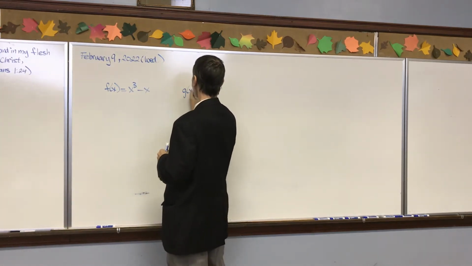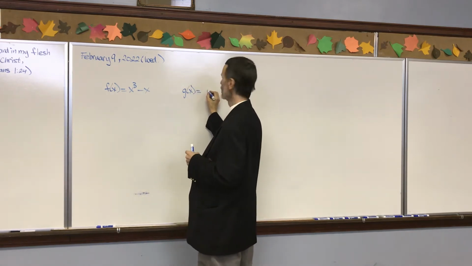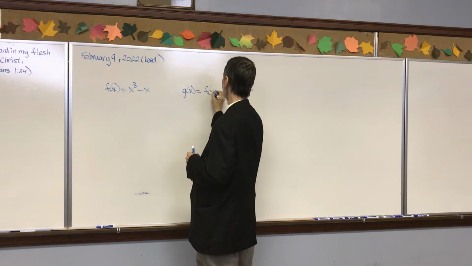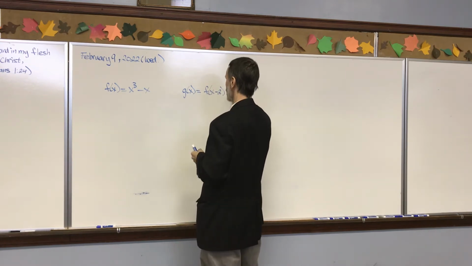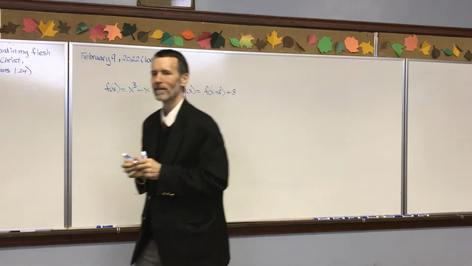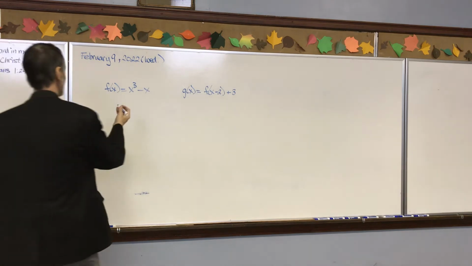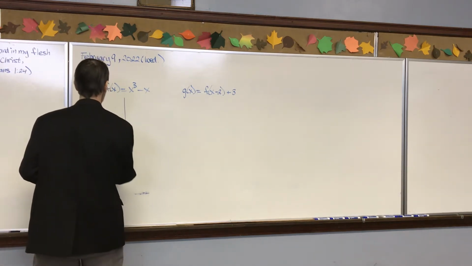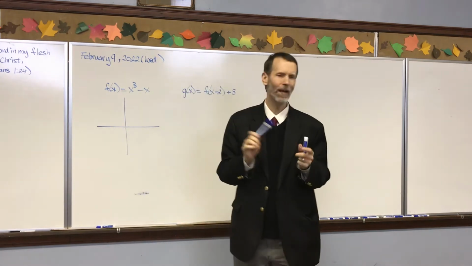And g of x is equal to f of x minus 2 plus 3. What I'm going to do is give you the graph of the first one. It's kind of an unusual graph. We would be playing with it once in a while. I will have you tell me a few things.